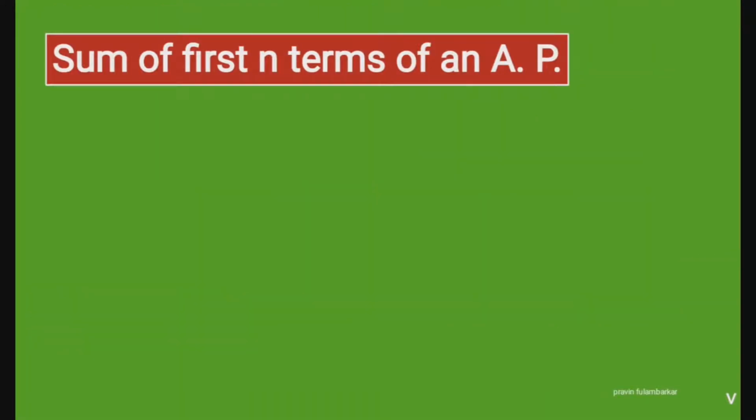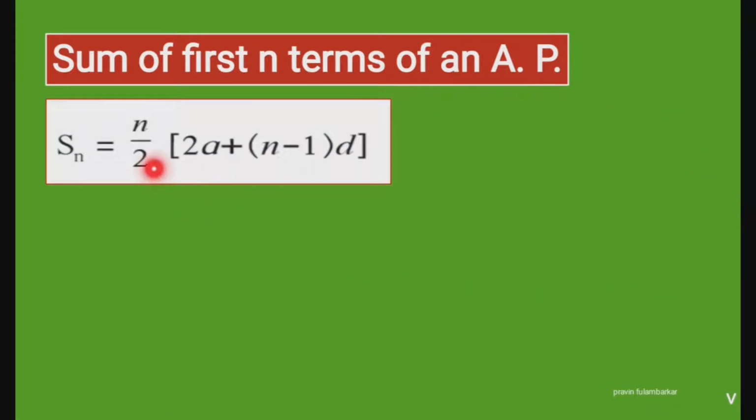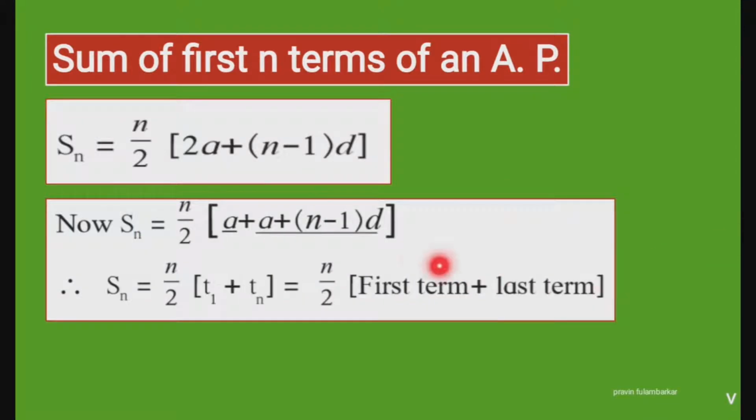So we remember this as the sum of first n terms of an arithmetic progression. We remember this formula, Sn equals n by 2 into (twice a plus (n minus 1) into d), and this we reduce to another form.